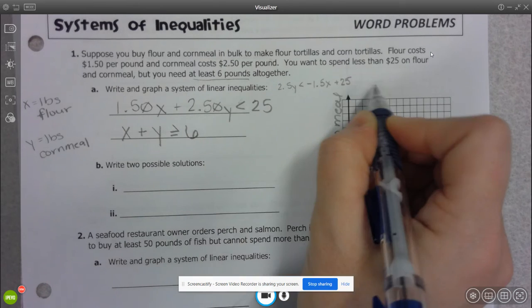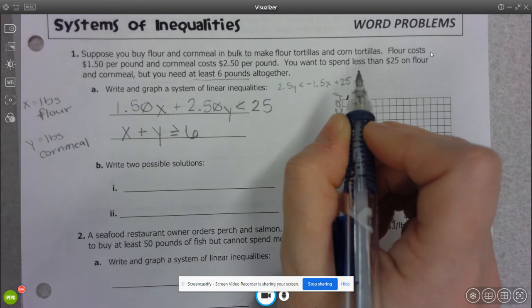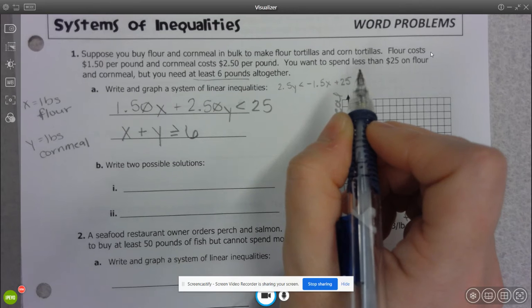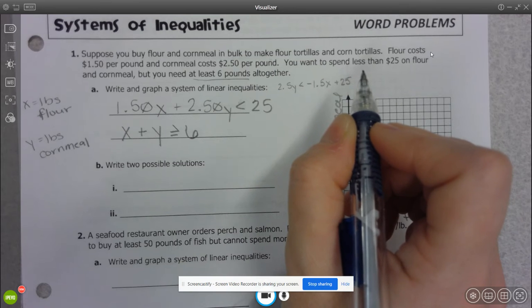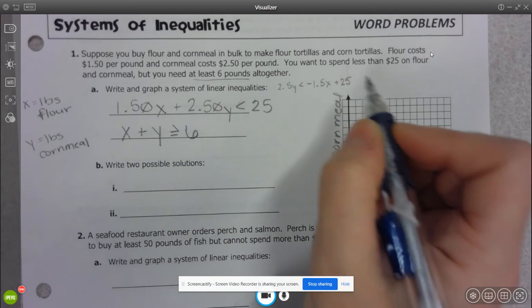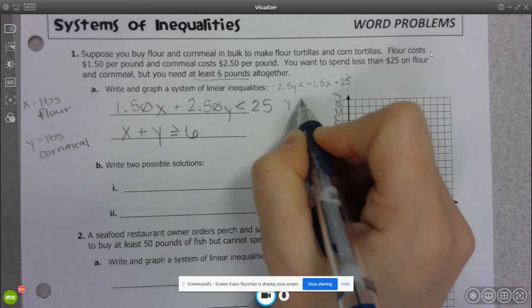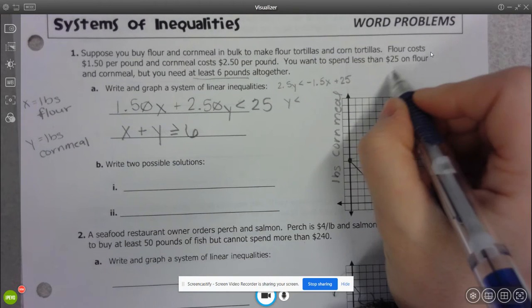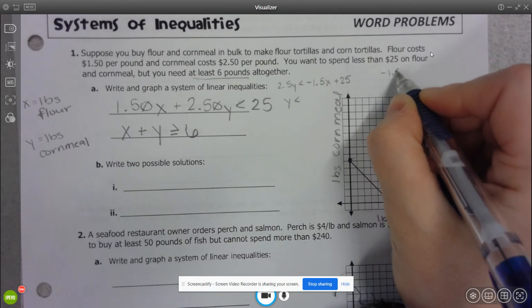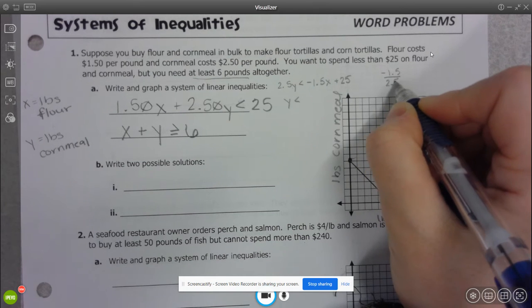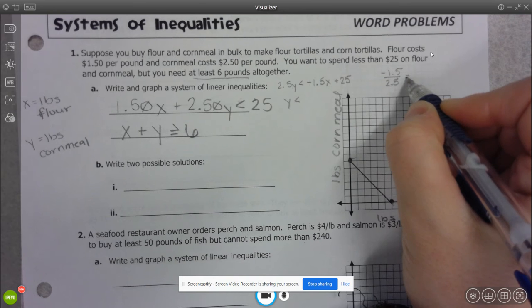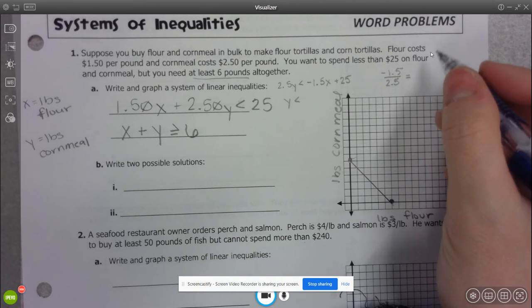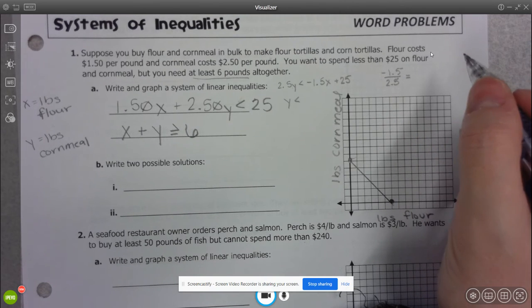And then I'm dividing everything by 2.5. So negative 1.5 divided by 2.5. I have to simplify this. So what I would do first is multiply this by 10.